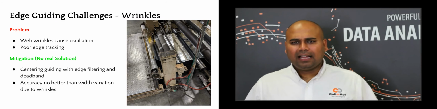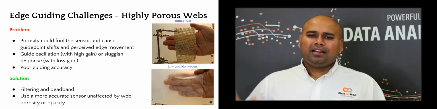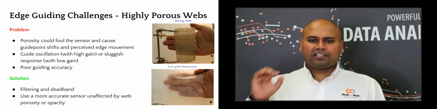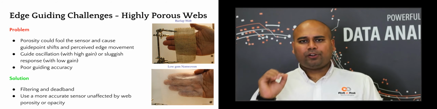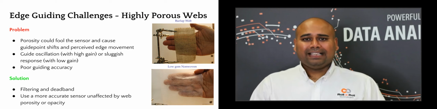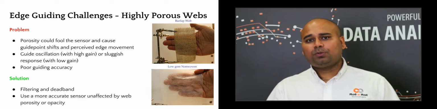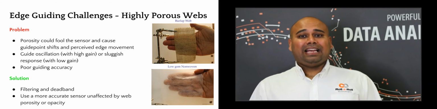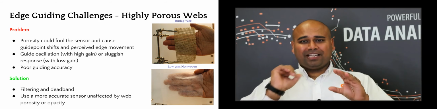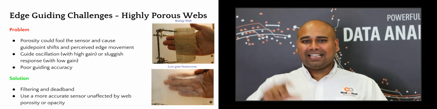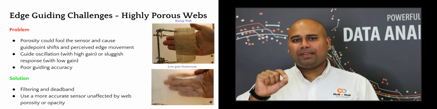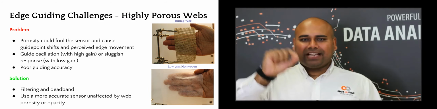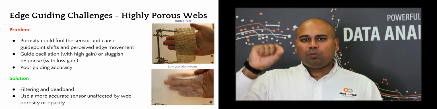And finally, there are situations, especially in diaper manufacturing or nonwovens, where you're running a porous web, and the sensor that you're using to run the porous web is affected by the porosity of the web. Depending upon the density of the web underneath at that instant when the sensor is making the measurement, that's going to change your output of the sensor.